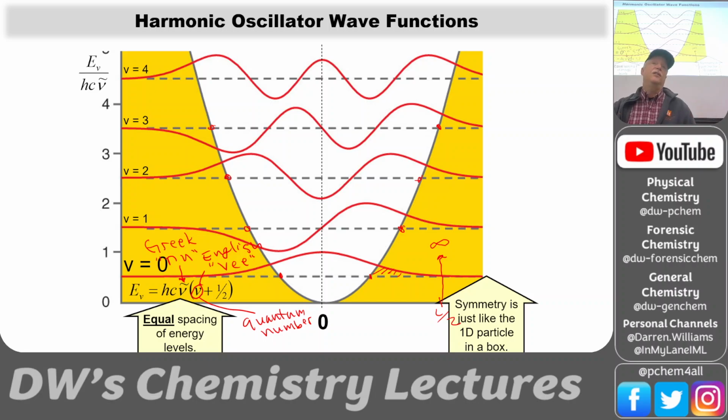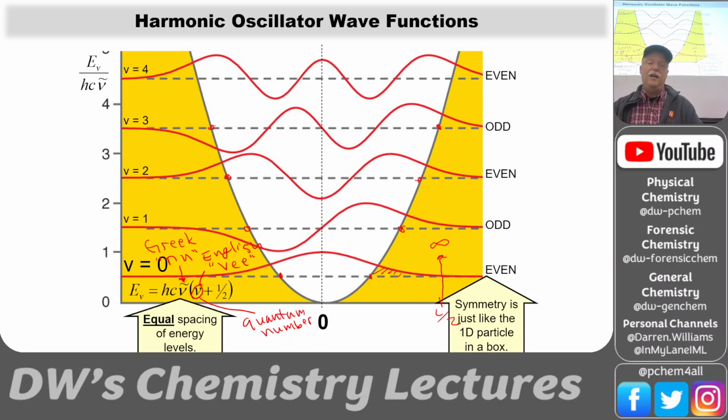Now the symmetry is just like the particle in a box. We have even for the ground state, odd, then even, and then odd. So that's very good. So our selection rules ought to be the same, and that's nice. So our delta n's for a particle in a box were plus or minus 1, 3, 5, 7, 9, and so on.